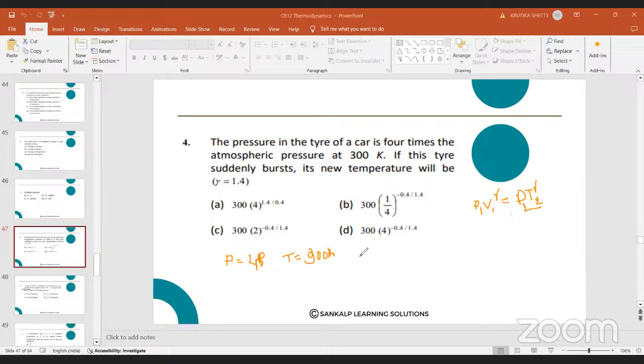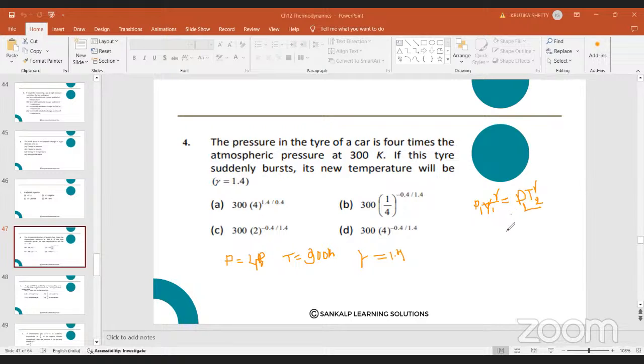If the tire suddenly bursts, the gamma value is taken as 1.4. Okay, now we need to simplify this and find out the value of T2. T1 is given, and we need to find the T2 value. Sorry, this should be P1 T1 is equal to P2 T2.